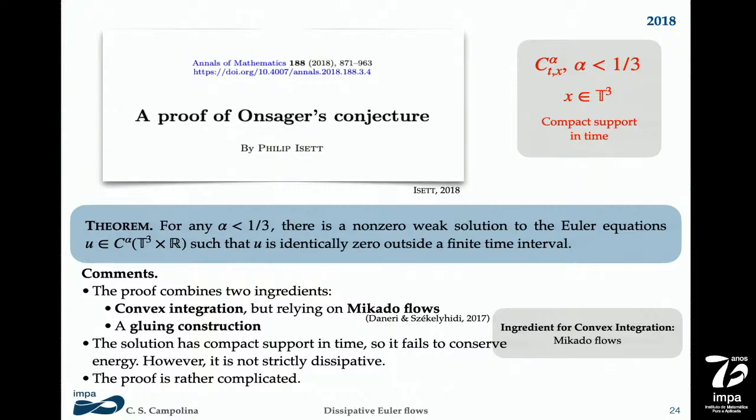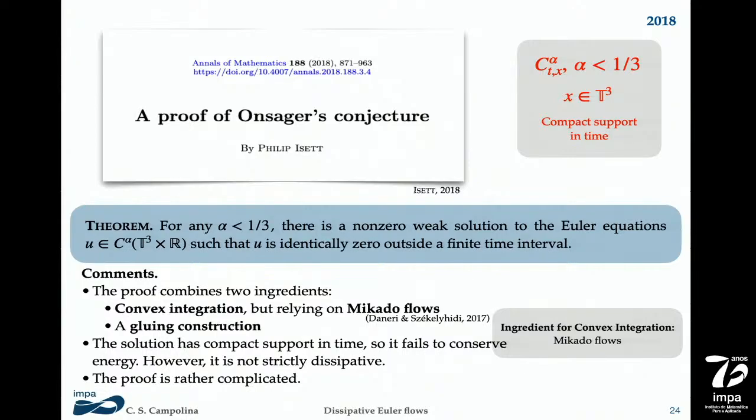Okay, so there are some comments. The first is that the proof combines two ingredients. So it uses convex integration. And now, instead of Beltrami flows, it uses Mikado flows, which is a different stationary solution of the Euler equations, established in 2017 by Daneri and Székelyhidi.